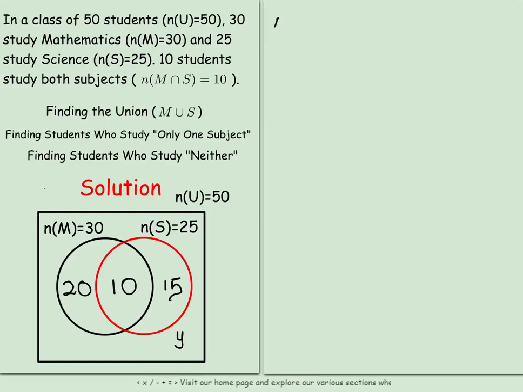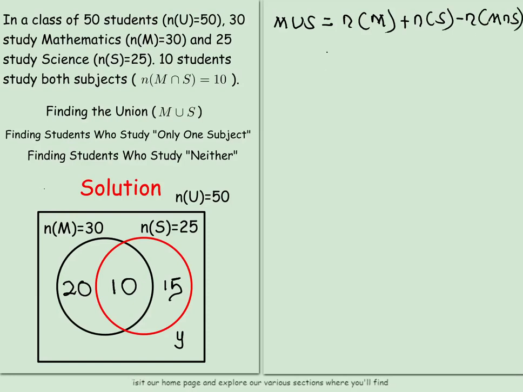that is M union S. Remembering our formula, we know that M union S is going to be the number of elements we have in M plus the number of elements we have in S, then minus their intersection. You see, and substituting, the number of elements we have in M was actually 30, so we have 30 plus the number of elements we have in S, which was 25, then minus our 10.